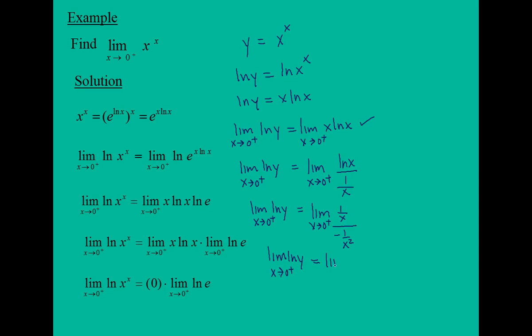And here we did this problem earlier, and we saw that we got negative x here when we simplified that. And so we would have the limit of the natural log of y as x approaches 0 from the right equals 0.